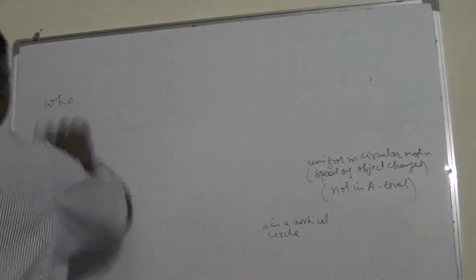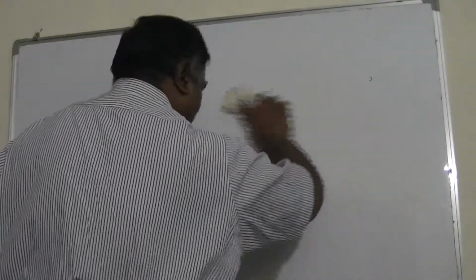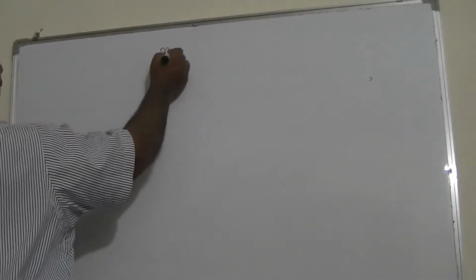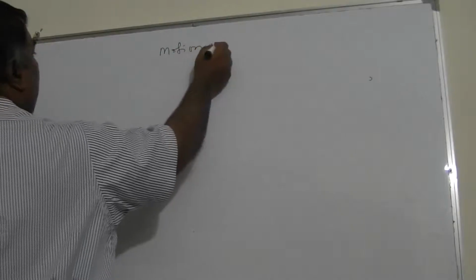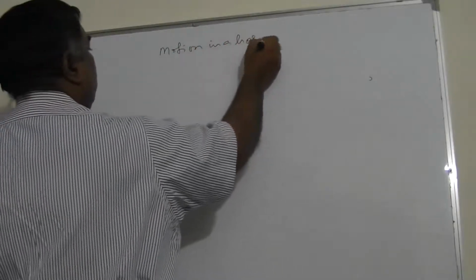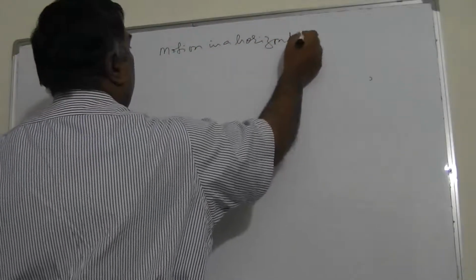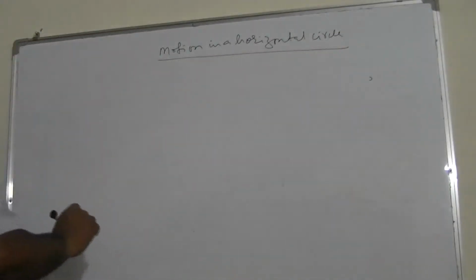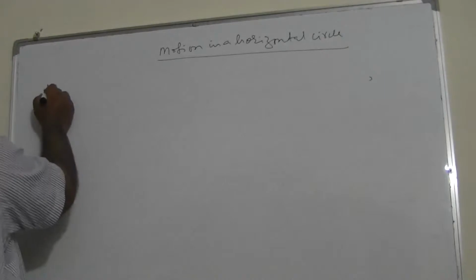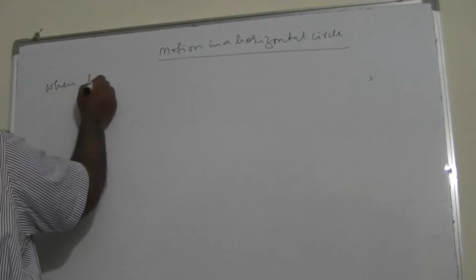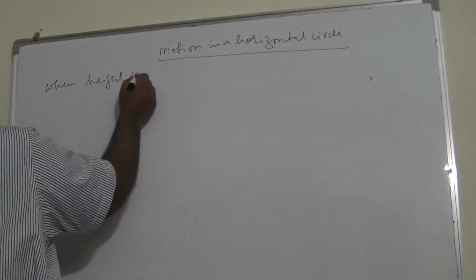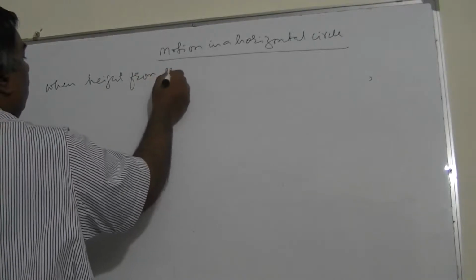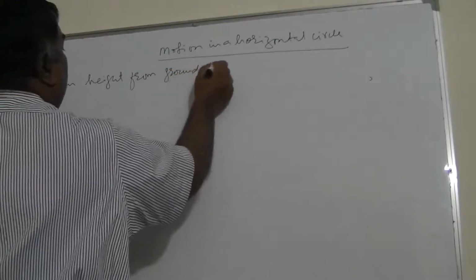So let us see a few examples of motion in a horizontal circle, where the height from the ground remains constant.